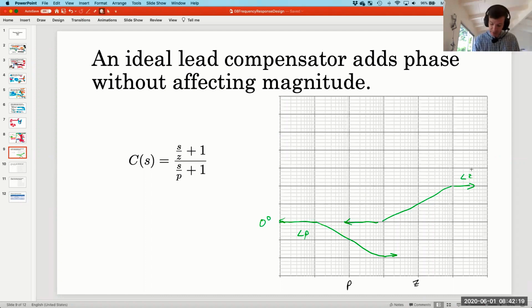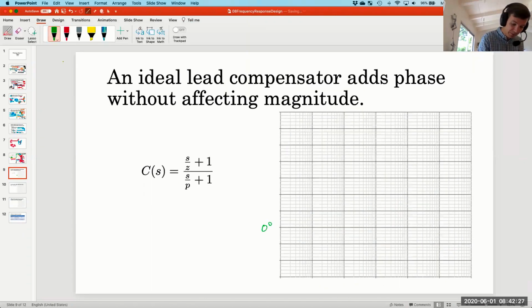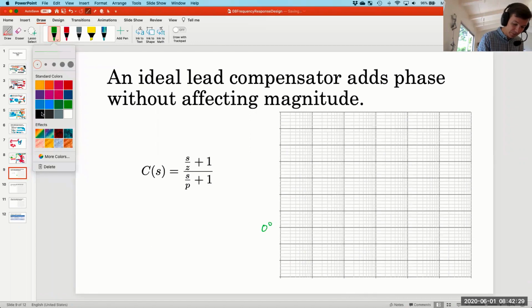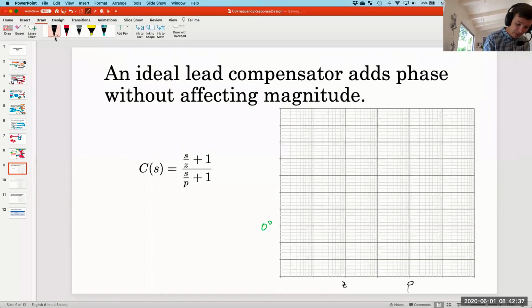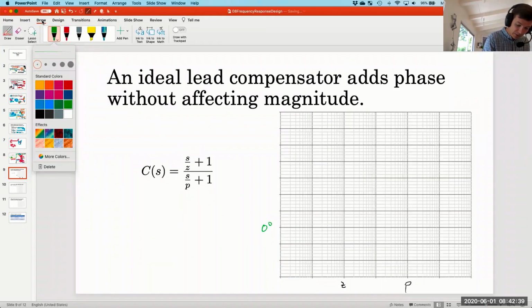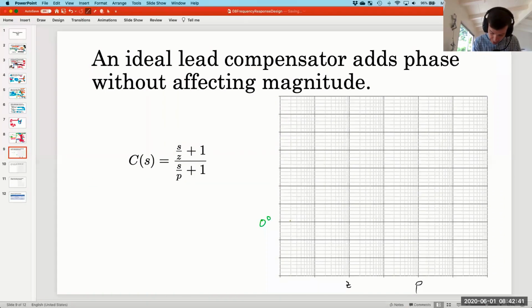So let's flip the script and put the 0 at a lower frequency than the pole. So if I put the 0 down here and the pole up here, then the exact opposite of what I just drew occurred. They both start at 0 degrees. The 0 goes up by 90 degrees.